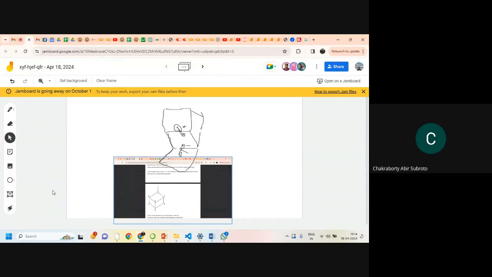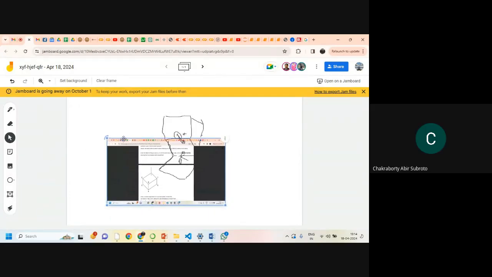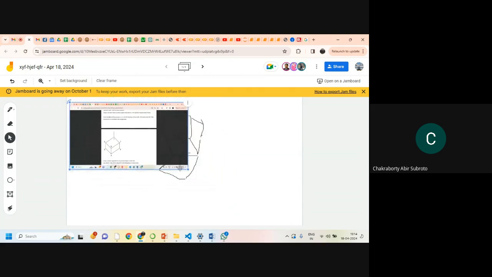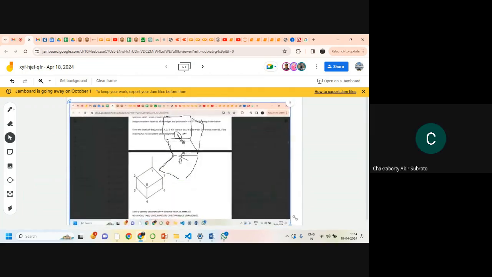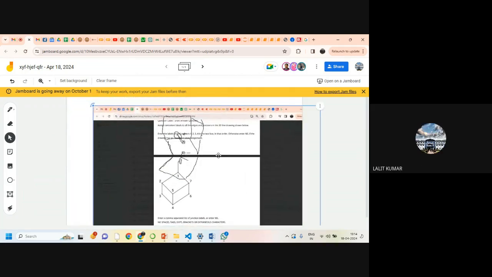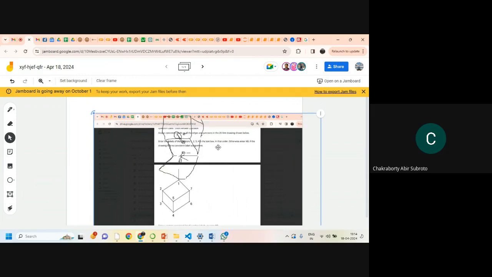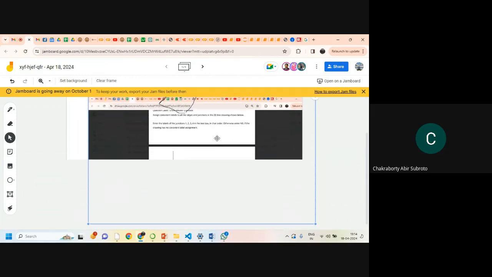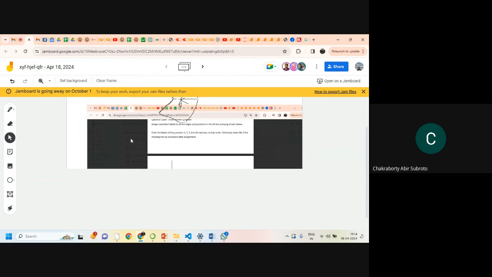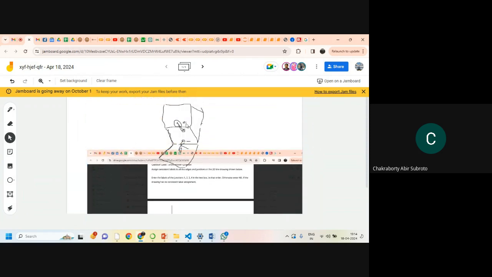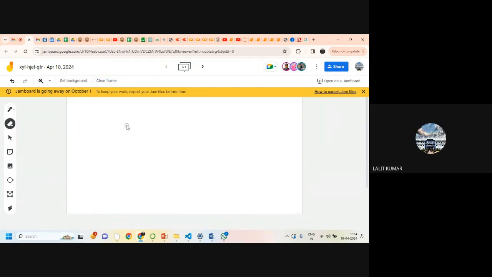Drag the image on top and then expand it from the bottom diagonal. Yes, thank you. No problem. Whiteboard only has one page. How to delete this? Clear frame, I think. Okay. Now paste it again.